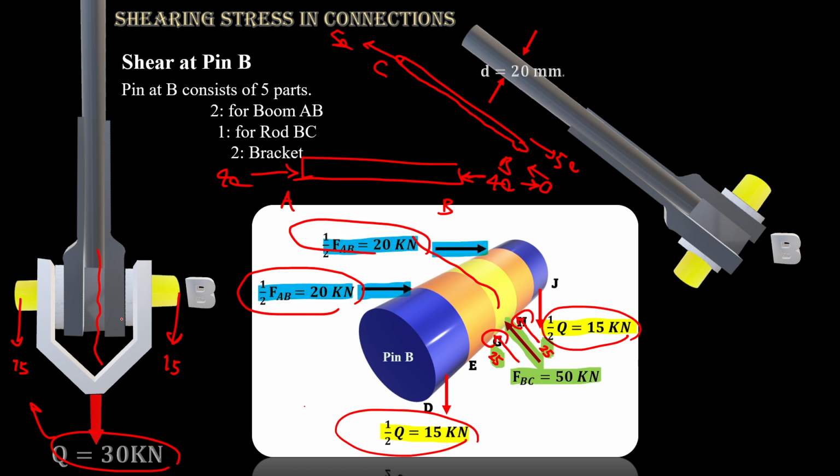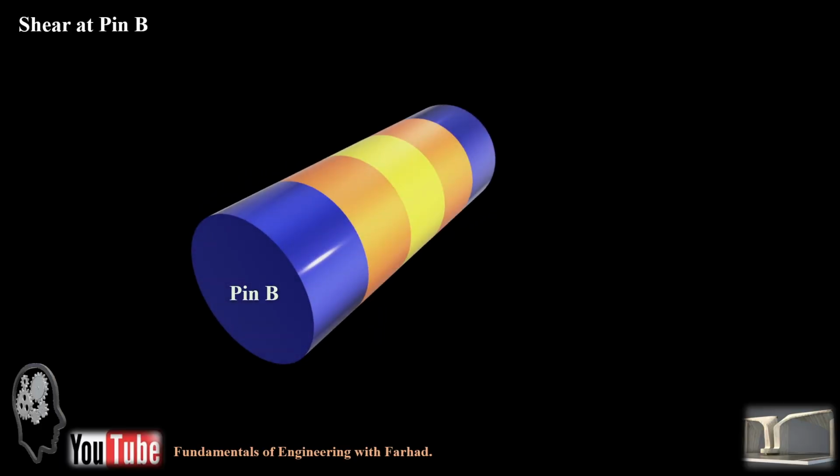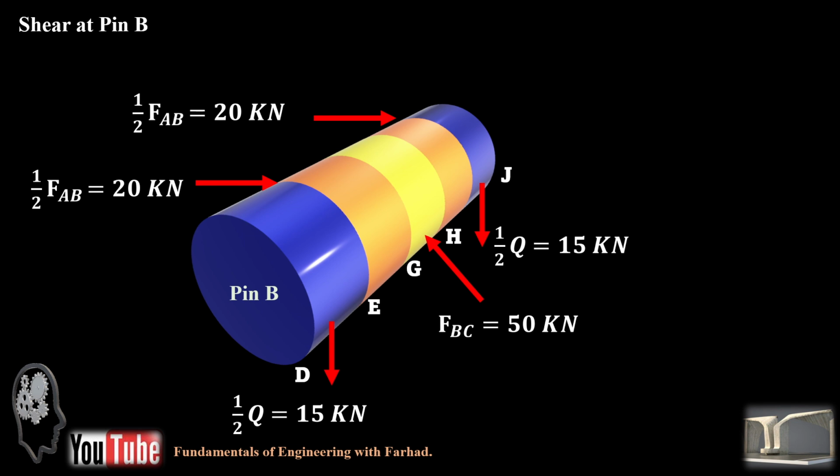So if that's the case, we can take a closer look at pin B. Due to symmetry, we just divide by half. At the very edge of the pin, that's half of Q, which is 15 kilonewtons. As you move to the right, there is half of FAB, that's 20, because the total force of AB is 40.